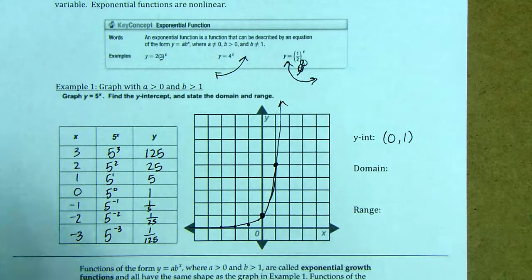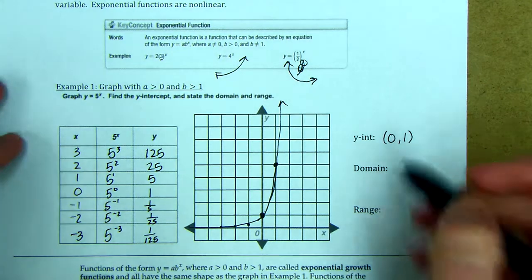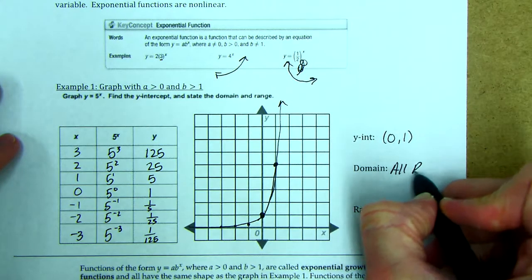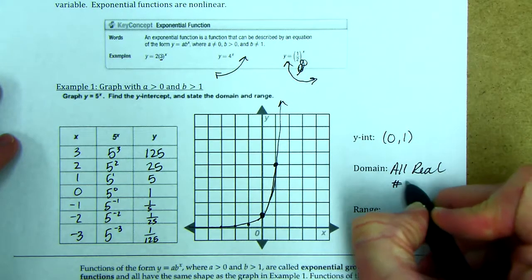The domain, that means what values for x are there. Is there any limitation on what I can plug in for x as an exponent? We learned at the beginning of this chapter that there isn't, as long as it's a real number. So I'm going to say all real numbers.